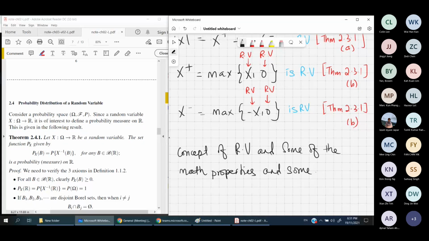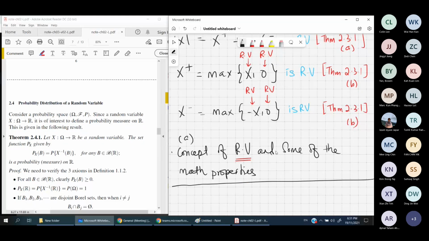Forget about the examples. So this is the first topic, where we discuss random variables. This is part A in chapter 2.